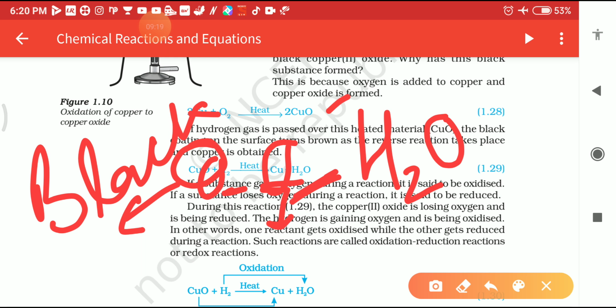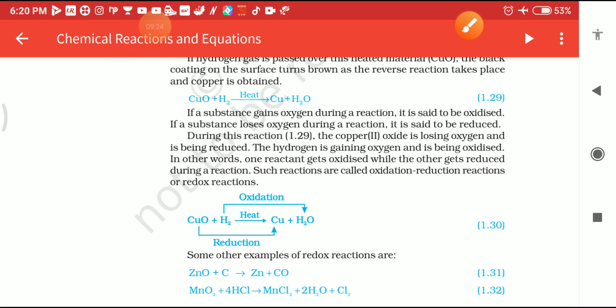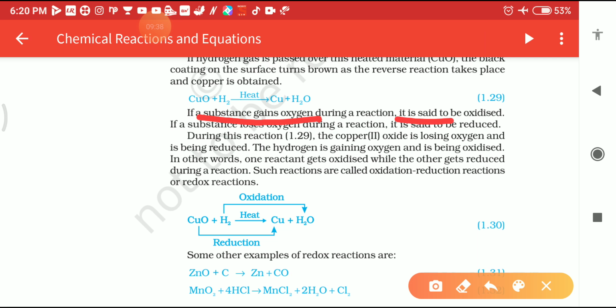Okay, now let's proceed to another paragraph here. If a substance gains oxygen during a reaction, it is said to be oxidized. I told you this earlier before starting my video. Now see here, if a substance gains oxygen during a reaction, it's said to be oxidized. Then we can see that here copper is oxidized.